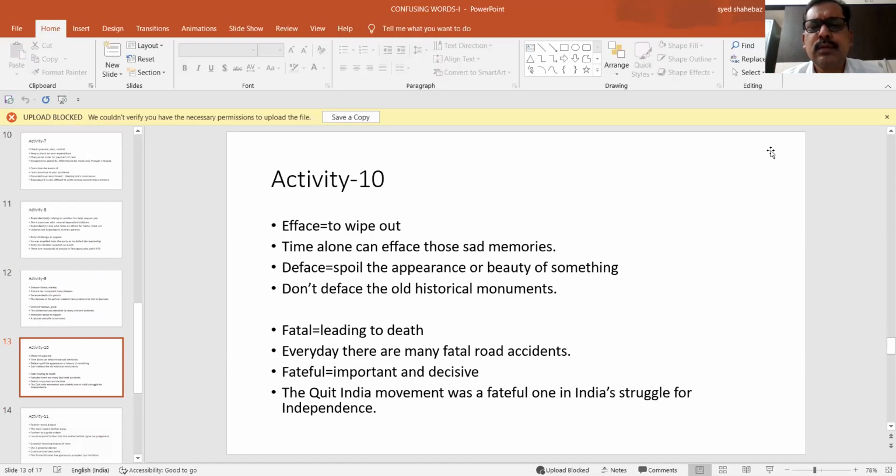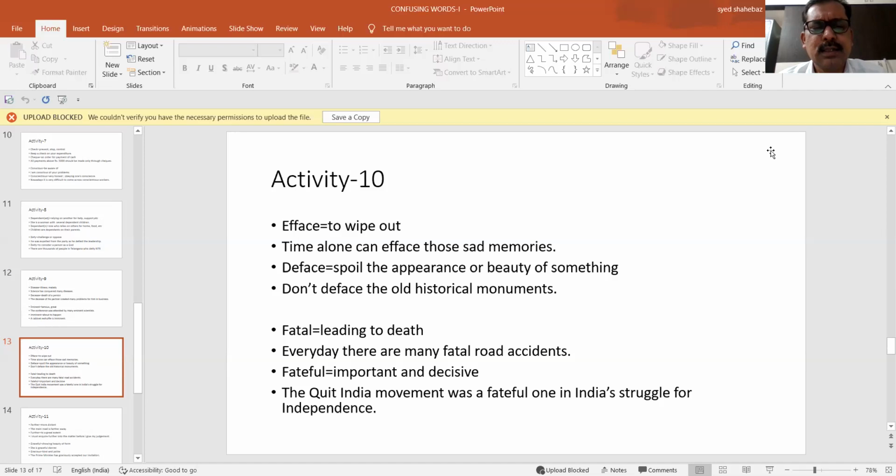Spoil the appearance or beauty of something. Don't deface the old historical monuments. Don't spoil, don't deface the old historical monuments. Deface means spoil the appearance or beauty of something.